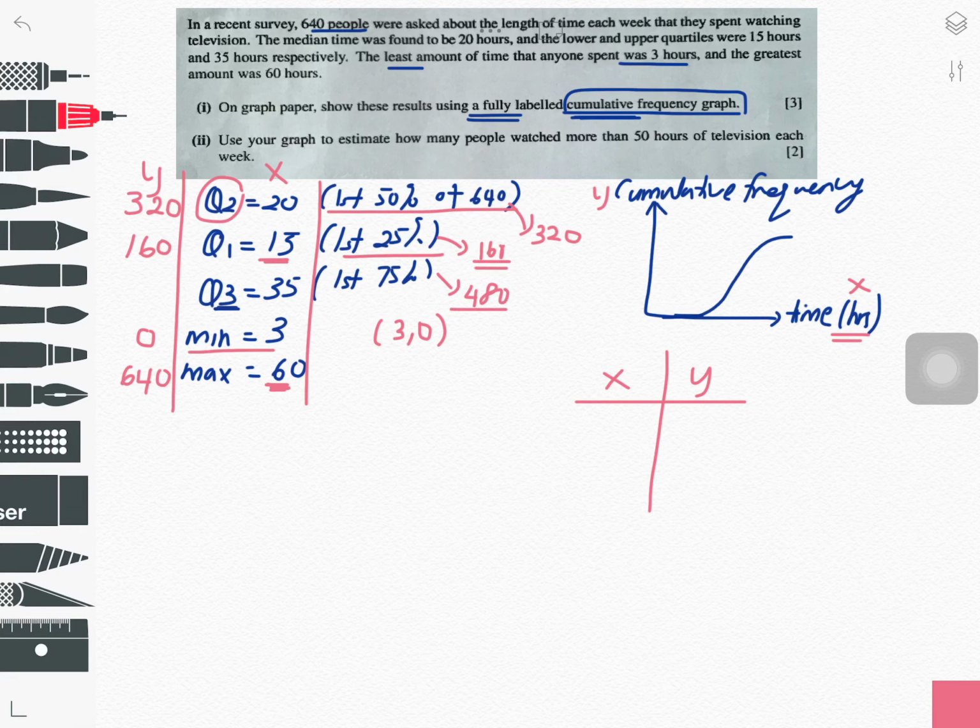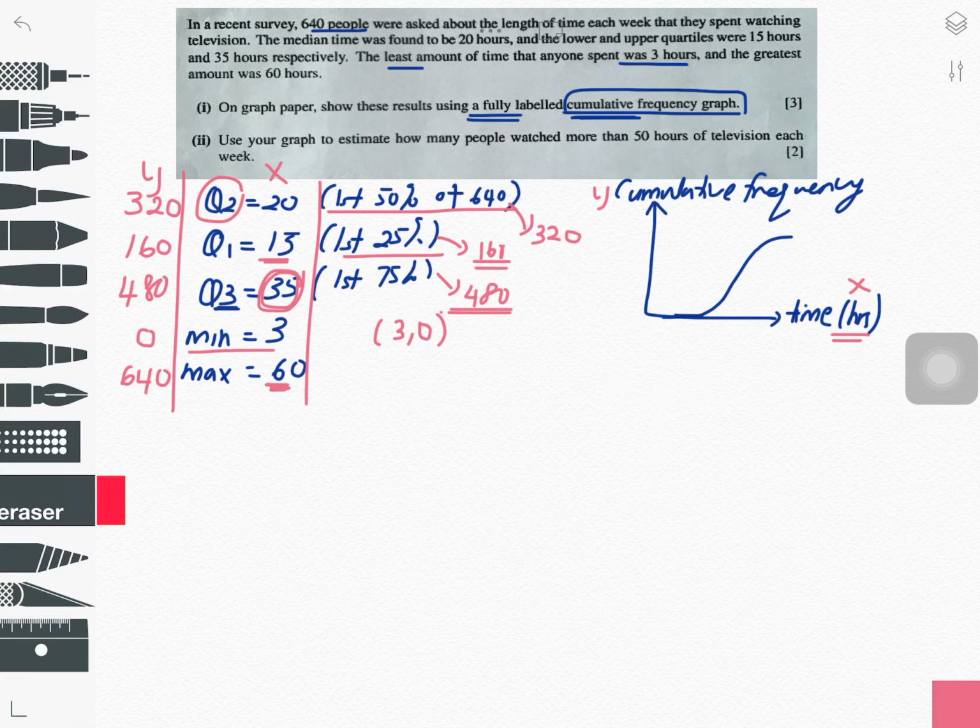So the first 480 people, the time they spend to watch TV is 35 hours. Now I have all my coordinates. I can start plotting. Okay, let's try.